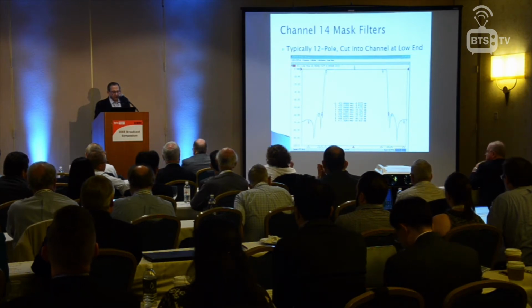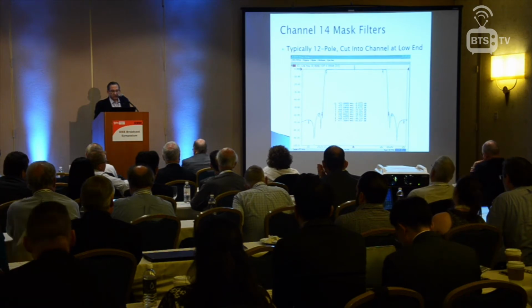And so from the edge of the channel 14 signal downward, this filter does not exceed about minus 55 dB. And you combine that, like we did earlier with the intermod products, and you'll see that that is down in the minus 100 and something range right away.